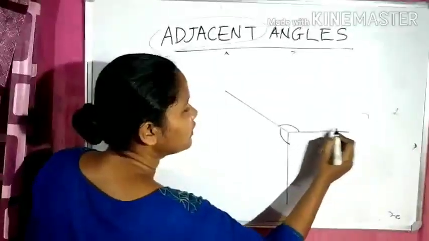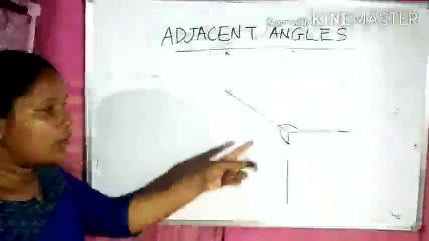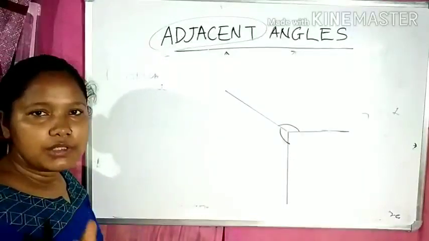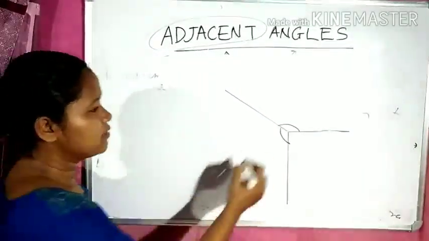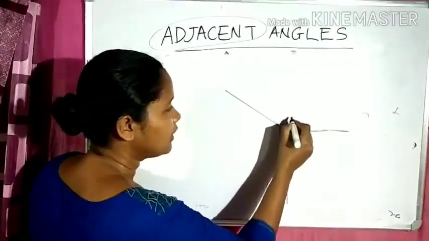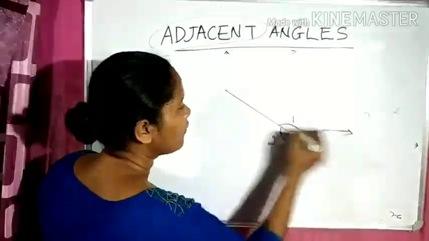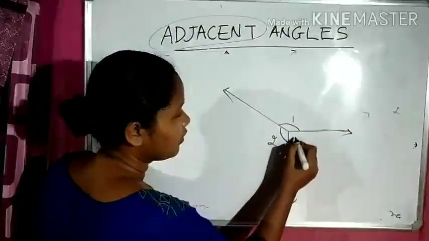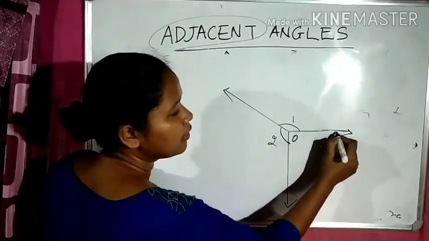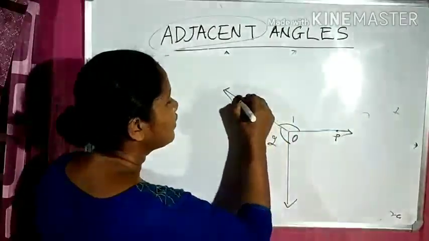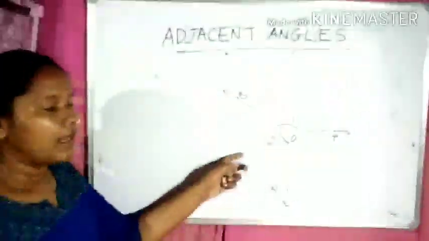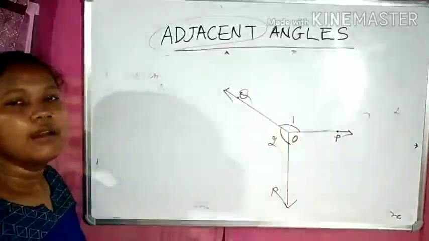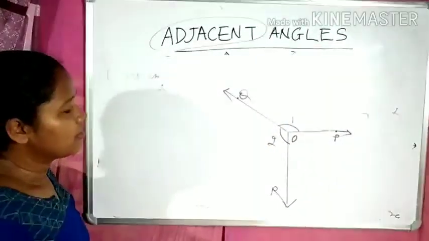So you can draw like this. Obtuse angles measure more than 90 degrees. So these are measuring more than 90 degrees. Let's take angle 1, angle 2, and points O, P, Q, R.